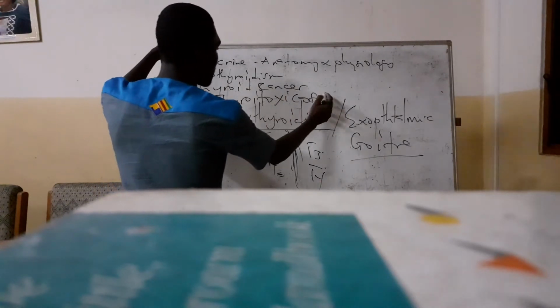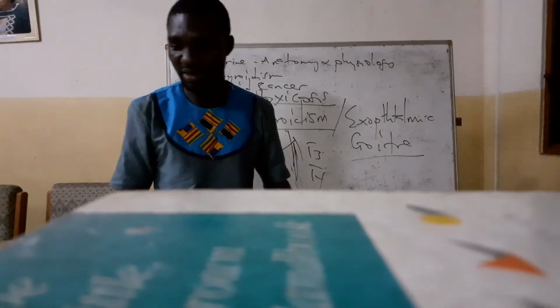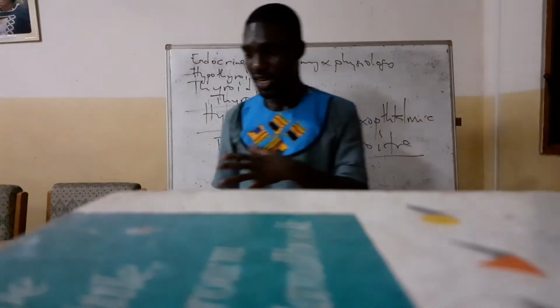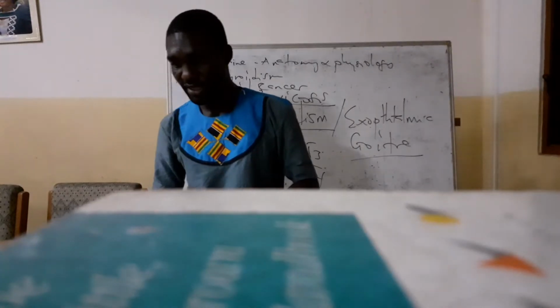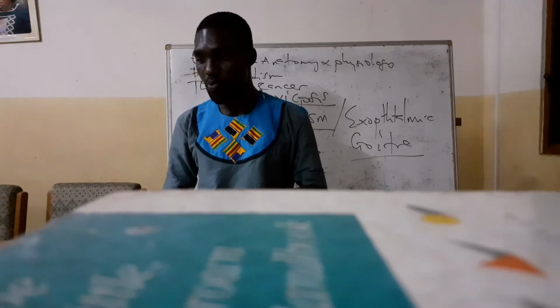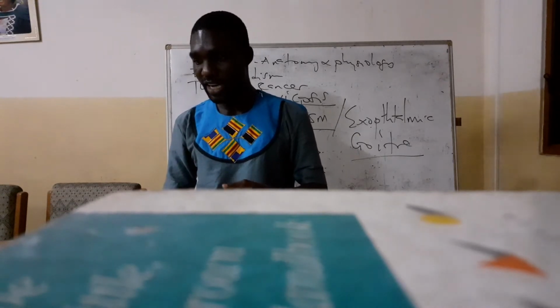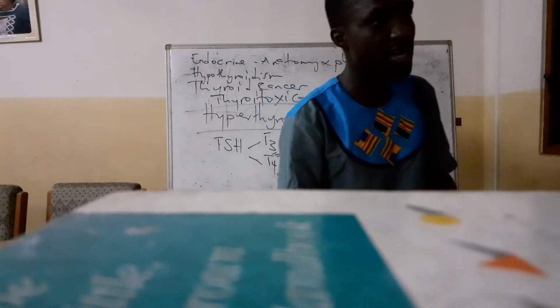Sometimes we see hyperthyroidism, sometimes we see thyrotoxicosis, and they are similar but a bit different. Thyrotoxicosis is a clinical manifestation of a group of disorders characterized by high levels of T3 and T4 hormones.